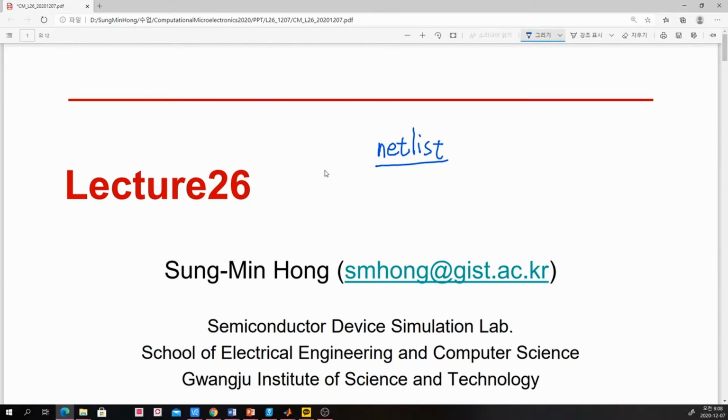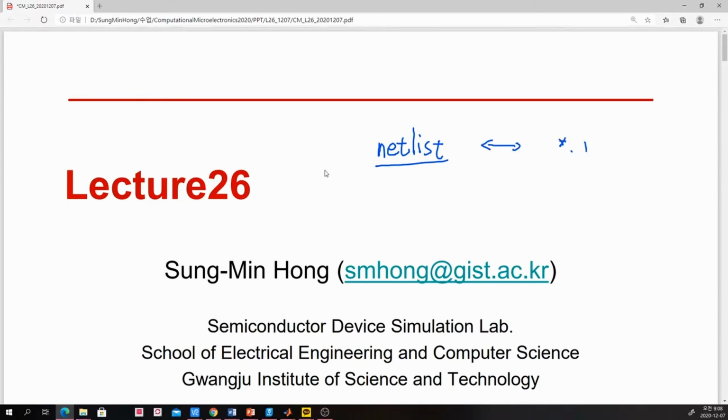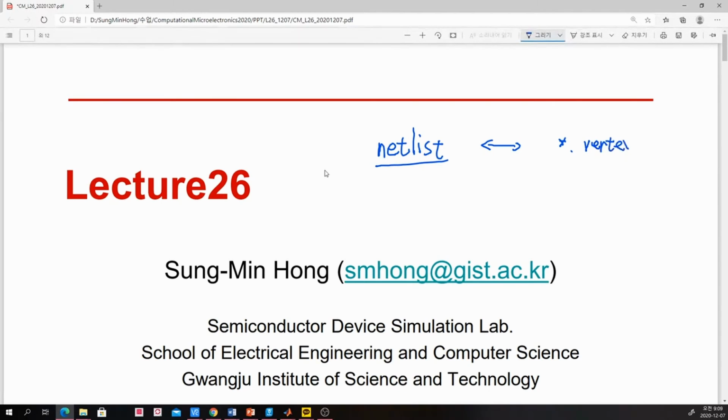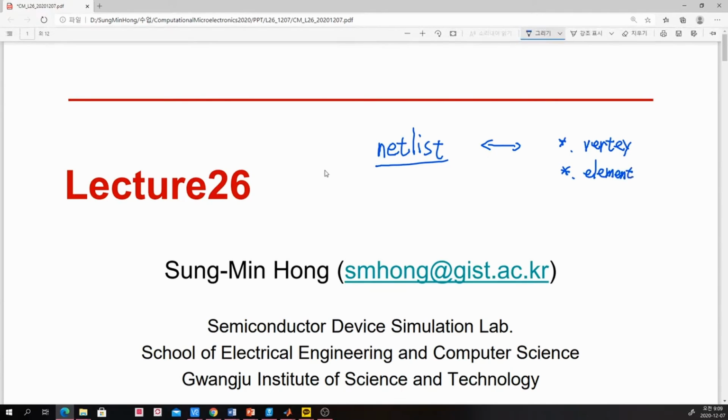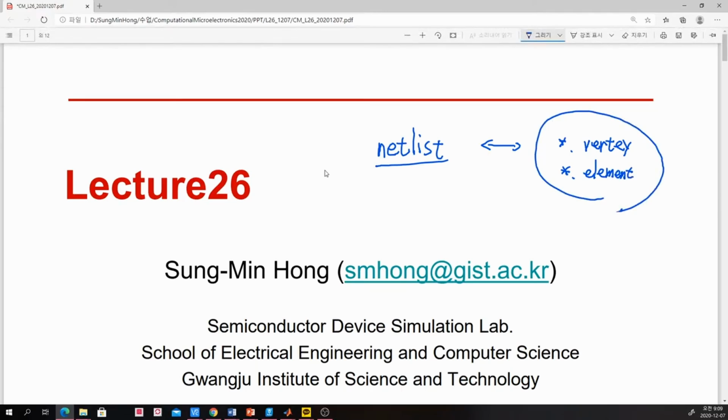In its role, it is quite similar to our previous files, for example the vertex file and element file. For device simulation we have those, and for circuit simulation we have the netlist file format. You remember that a netlist contains a description of each circuit element: R1, C1, L1, V1.